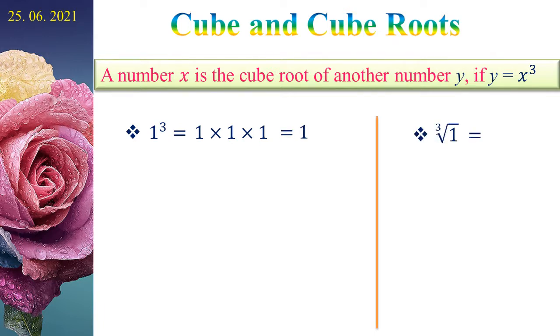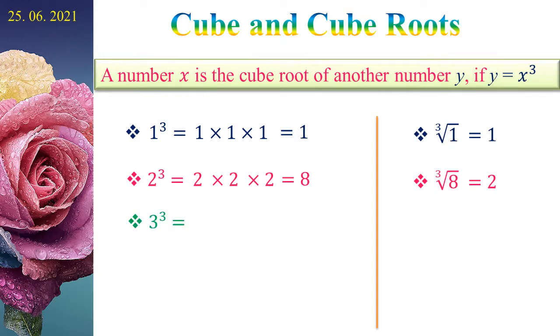The cube root of 1 is 1. 2 cube equal 2 into 2 into 2 equal 8. The cube root of 8 is 2. 3 cube equal 3 into 3 into 3 equal 27. Cube root of 27 is 3.